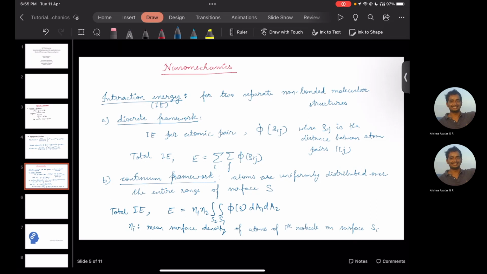It's more of a small element or a small volume of the mass surface whose interactions we are trying to compute, and then we just integrate the interactions over both the surfaces. dA1 and dA2 are just the infinitesimal surface areas of both the surfaces.